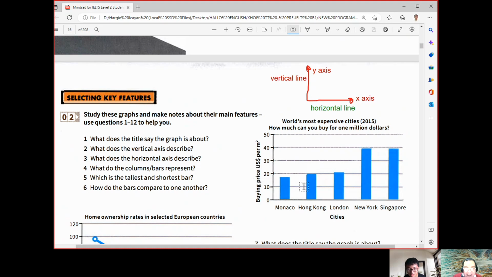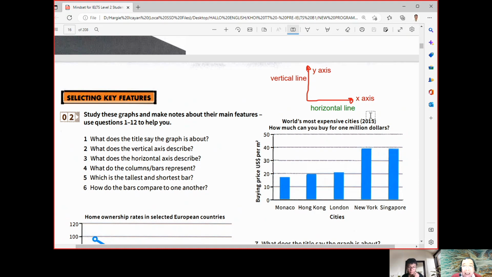What do you think would be the title of this graph? The title is about the world's most expensive cities. Actually, the answer for that is just the world's most expensive cities.